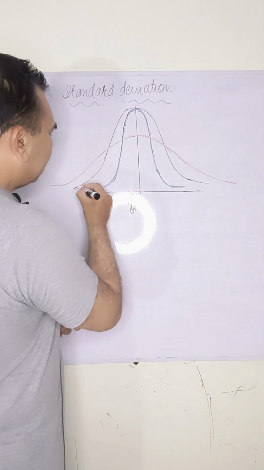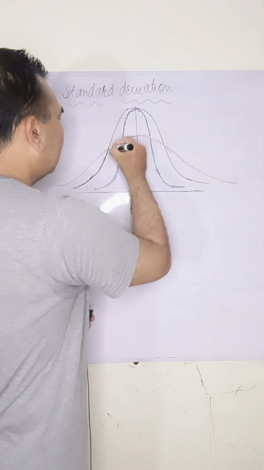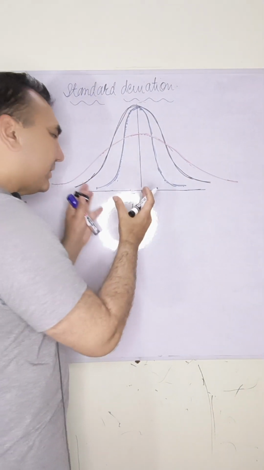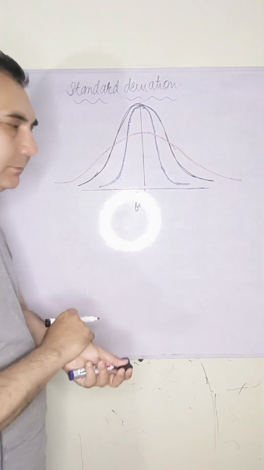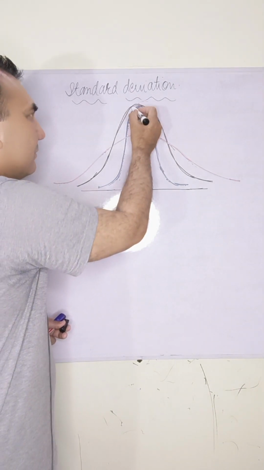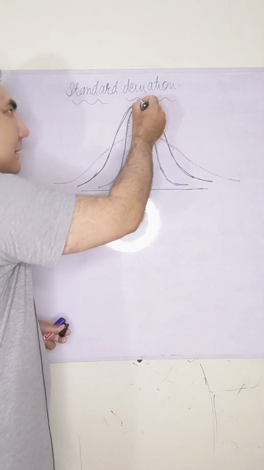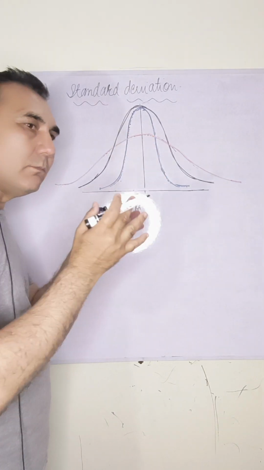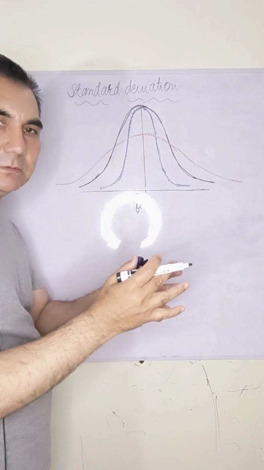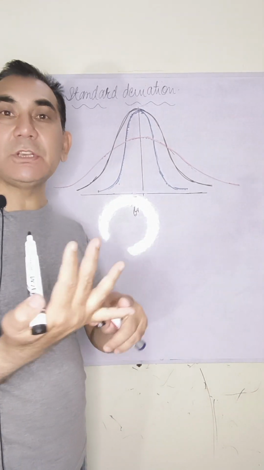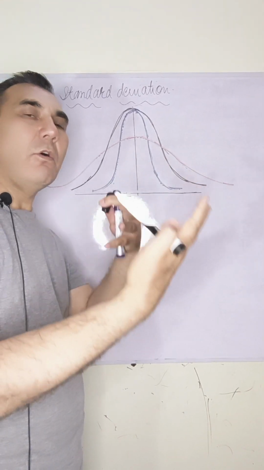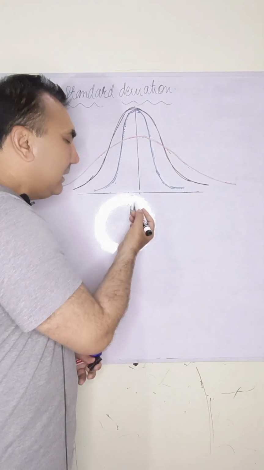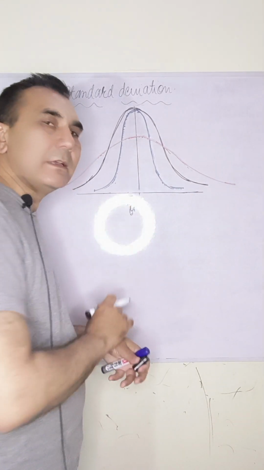Now the black line is the actual data set value. When the data is bell-shaped, keep in mind that the mean, mode and median are the three measures of the central tendency of any normally distributed data. The mean, mode and median always fall in the center of the data.